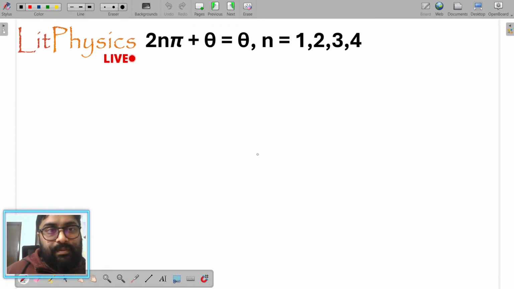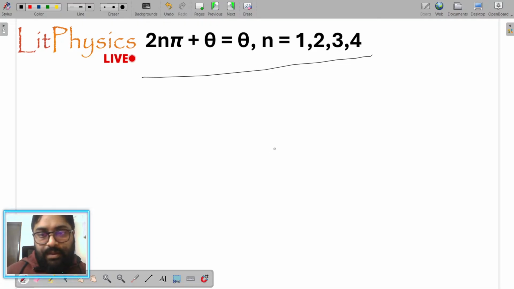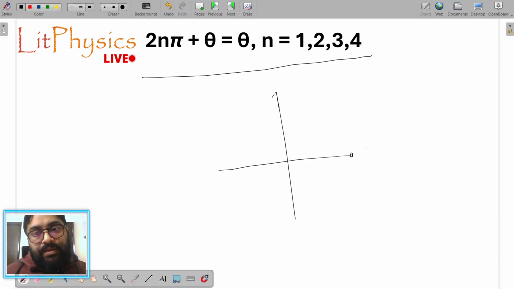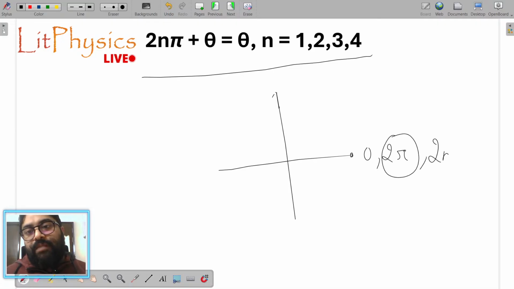Okay, let's move on. So we have kind of already discussed this. If you look at the quadrants, right, 0 is here and 2 pi is here. But not only is 2 pi here, 2n pi is here. So what does that mean?